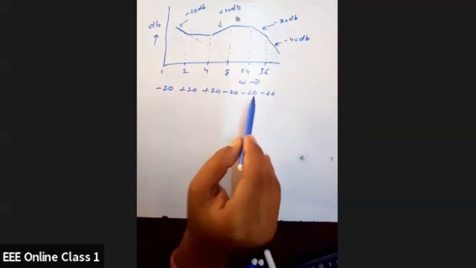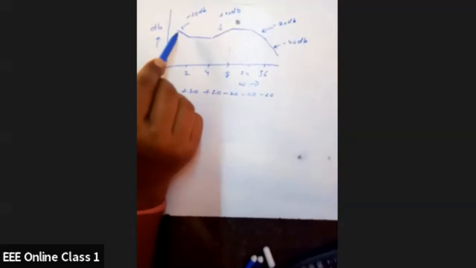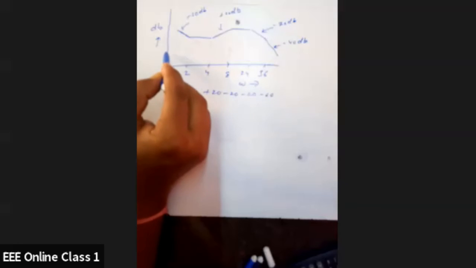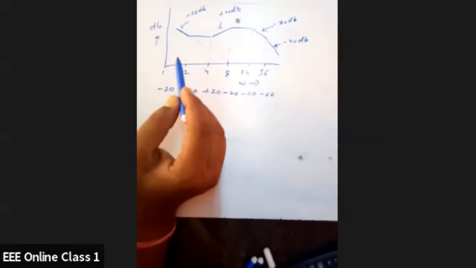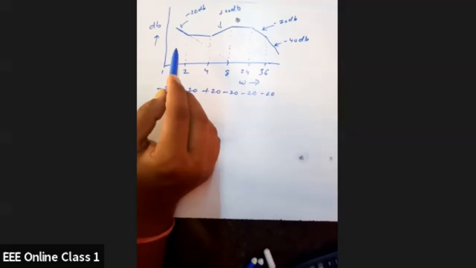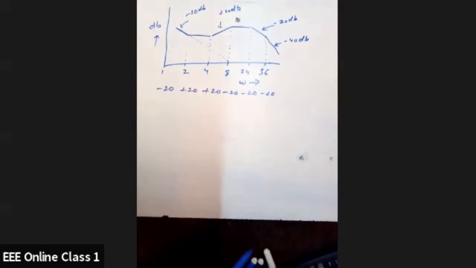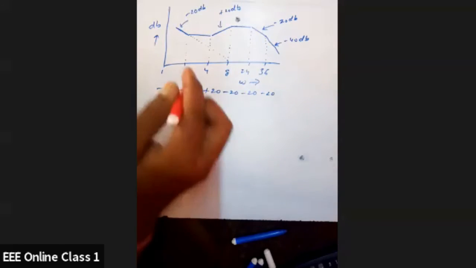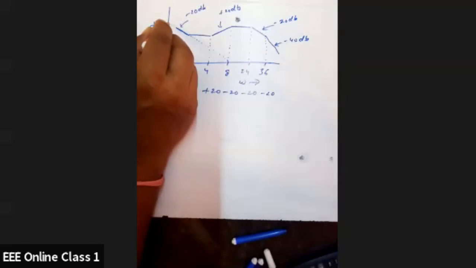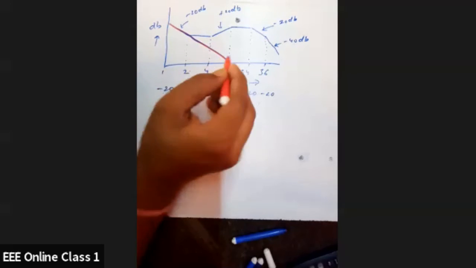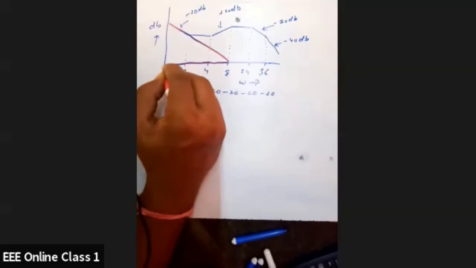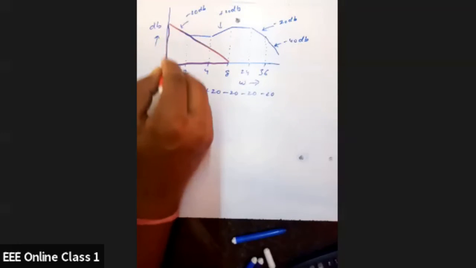and you can see here the first line is minus 20 dB, and it is above 1. There is a shift, so k value is naturally greater than 0. So let us find out k first, and we will take this triangle to find out dB.